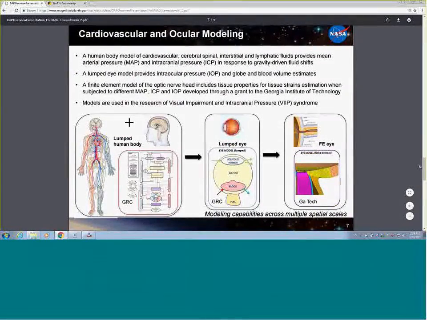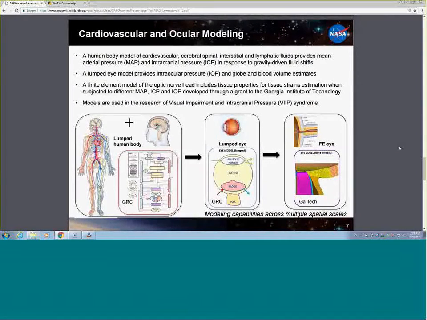For our cardiovascular modeling, we have a lumped human body model that includes the cardiovascular system, cerebral spinal fluid, and lymphatic fluids. And that's used in conjunction with a lumped eye model that predicts intraocular pressure, and that's also used in conjunction with a finite element model of optic nerve receptors.